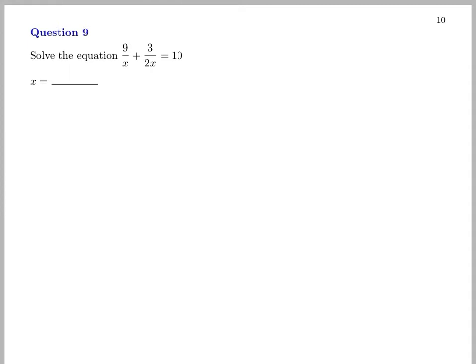Okay, the least common multiple here is 2x, so I'll multiply everything through by 2x. So 9 over x times 2x plus 3 over 2x times 2x equals 10 times 2x. And for the first one, just the x cancels.